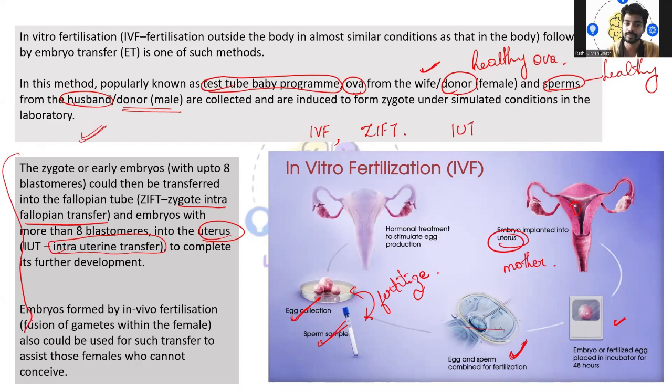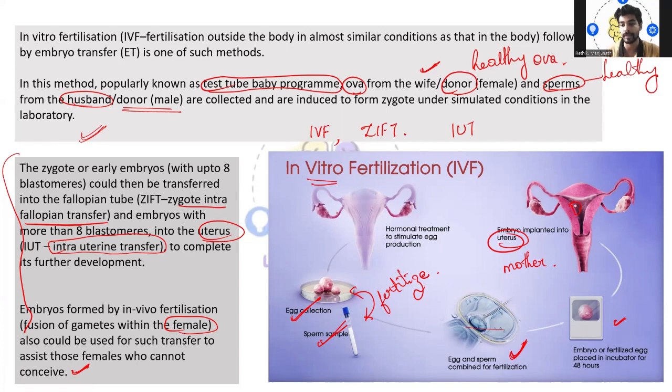Where the fusion of gametes happens within the female body itself, that embryo can also be transferred to assist females who cannot conceive or get pregnant. In in vitro fertilization, you collect the egg from the donor and the sperm from the donor or the male parent, and fuse them externally.